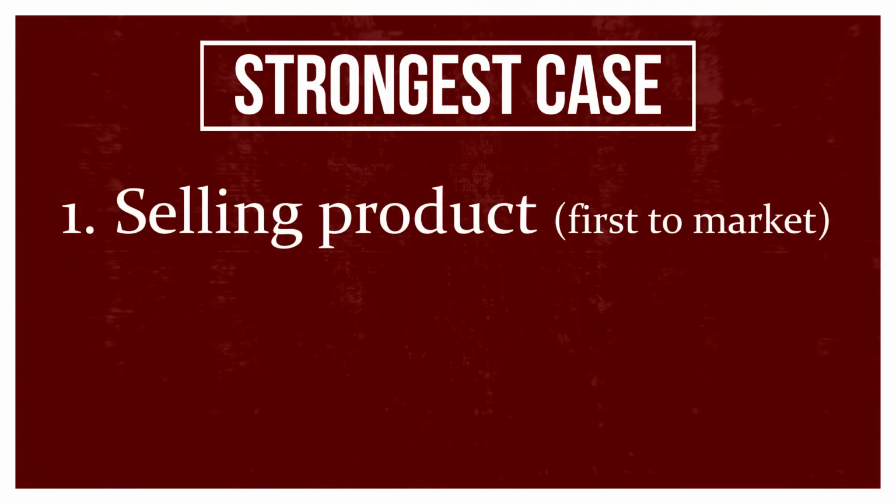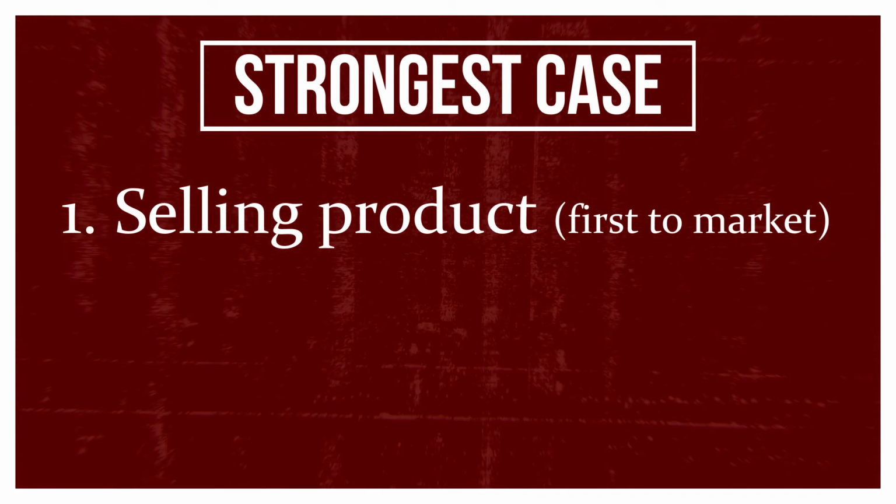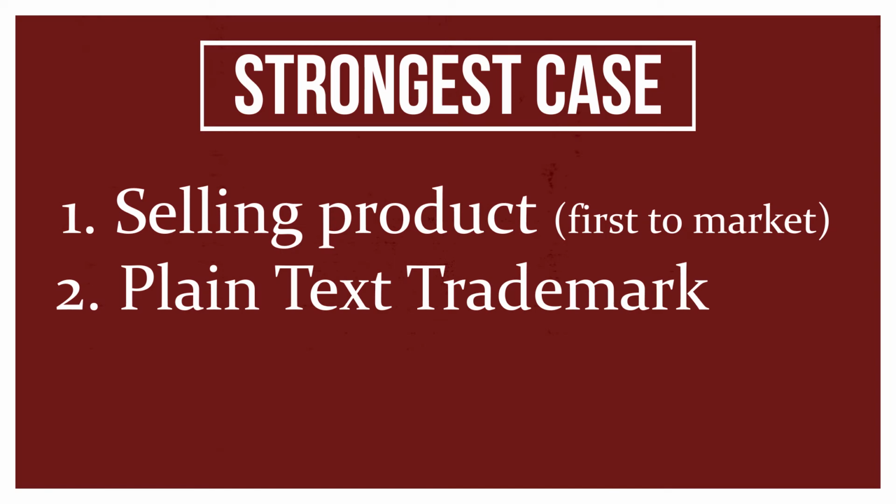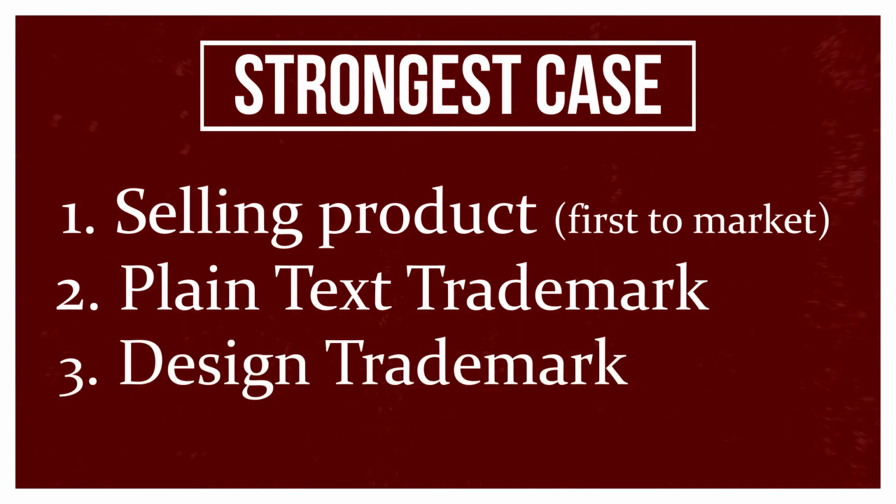So the strongest case you could ever have is you're actually selling product, first to market with a specific product that has your design and clear logo. You have the plain text trademark on it, and you also have the design trademark for your logo. If you have those three things and you defend it, you're going to have a really strong foundation to build a solid brand off of.